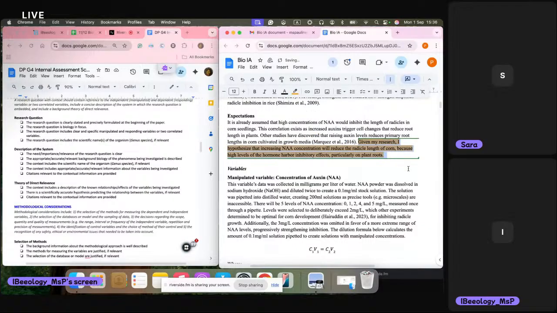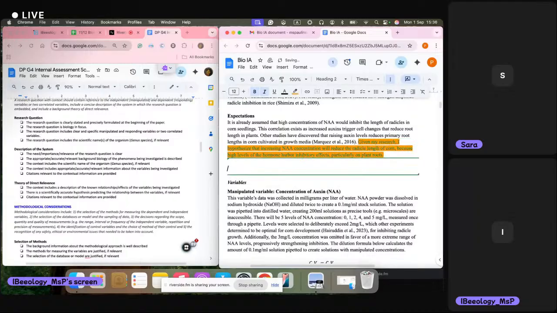Because right now, it is now required, the new syllabus, or at least in your batch, you are now required to do a statistical analysis.